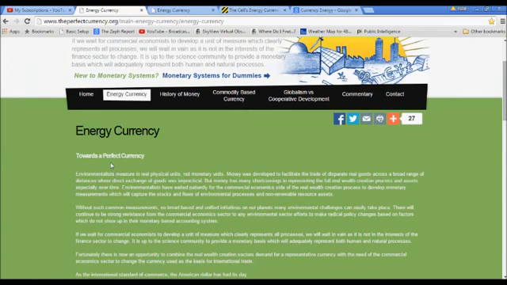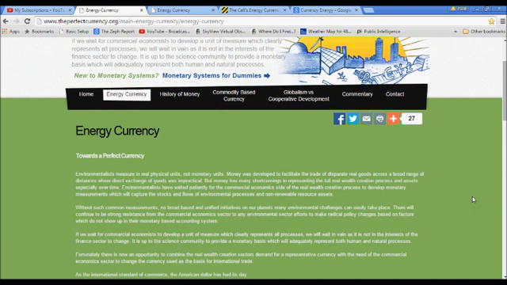Energy currency. Towards a perfect currency, environmentalists measure in real physical units, not monetary units. Money was developed to facilitate the trade of disparate real goods across a broad range of distances where direct exchange of goods was impractical.